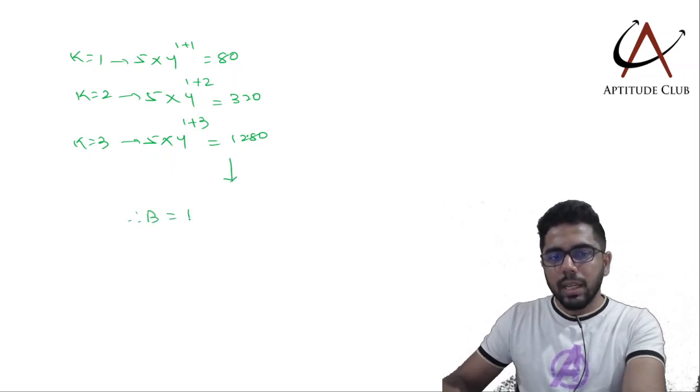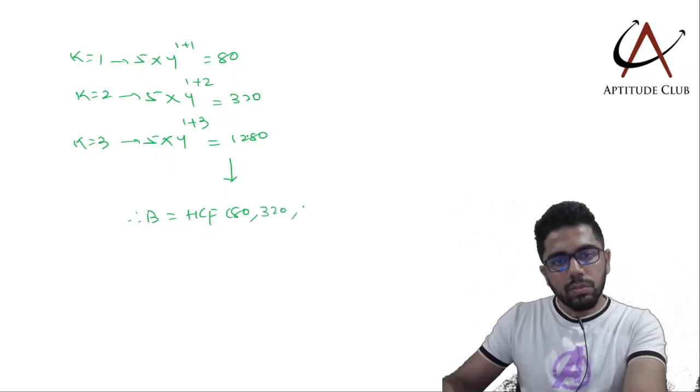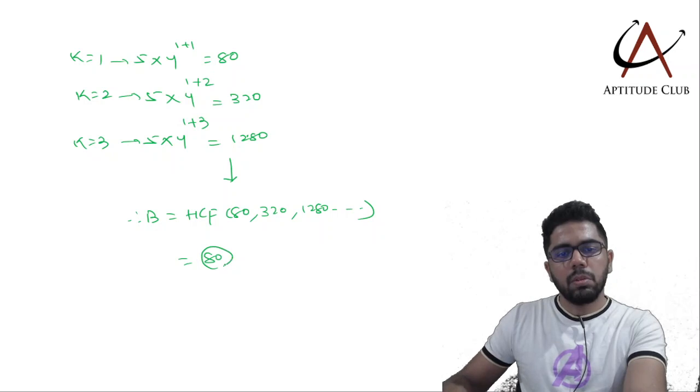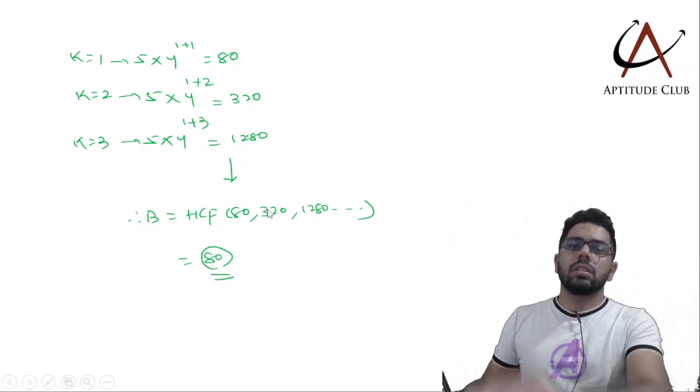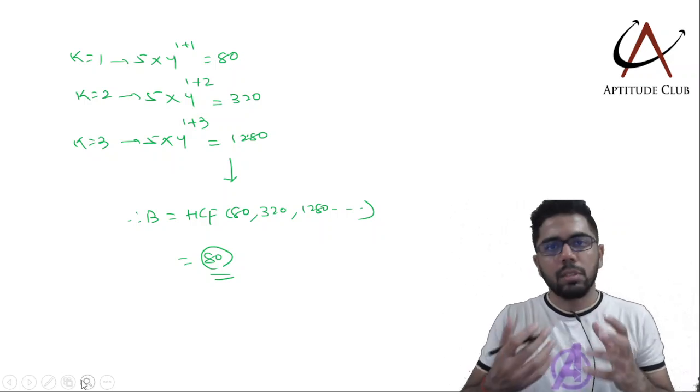And B is the HCF of these numbers: 80, 320, 1280. तो क्लियरली मैं देख रहा हूँ सबसे मिनिमम नंबर 80 है एंड वो बार बार रहेगा 80. सिर्फ सब्सिक्वेंट नंबर्स में 4 मल्टीप्लाई होता जा रहा है, तो मिनिमम तो 80 सब में है.